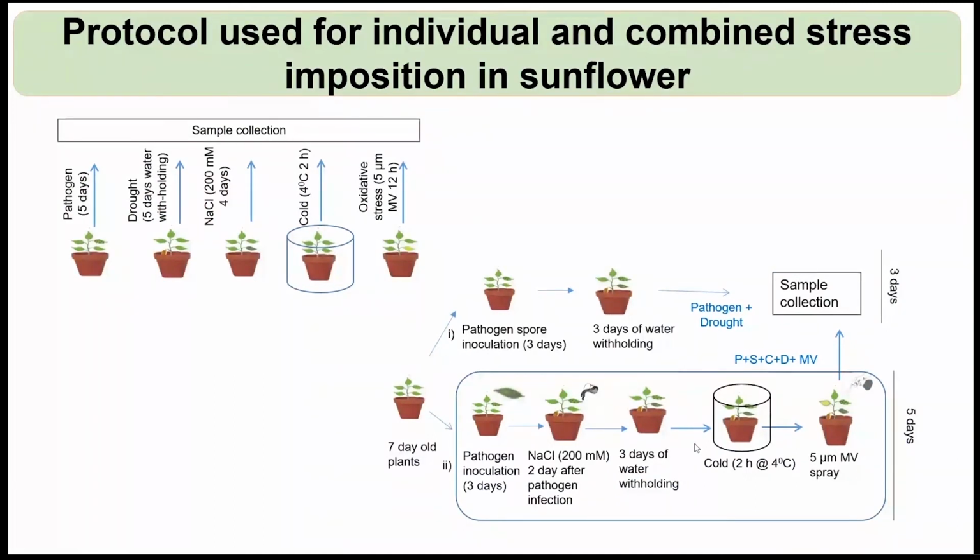Almost all the same stresses that are either involved in the practically relevant concepts or being used in imposing the stress for the transcriptomic data studies. So pathogen, the downy mildew, drought, the salinity, cold, and oxidative stress using the methyl viologen.